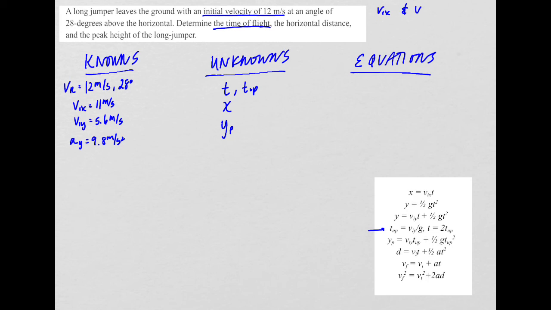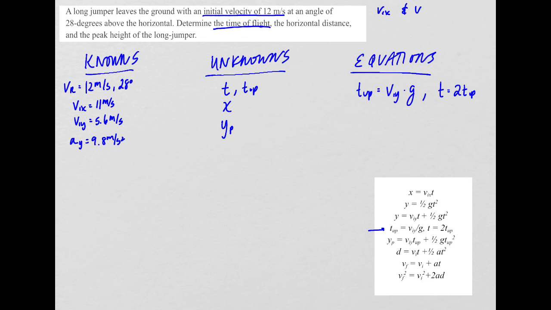So remember, T up is equal to VIY divided by G, and then we'll just say T is equal to 2 times T up. All right, so that one should be pretty easy to solve because we have everything.